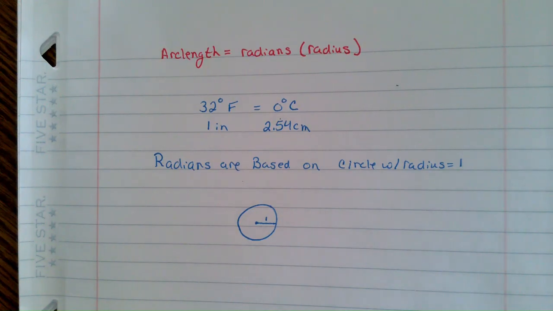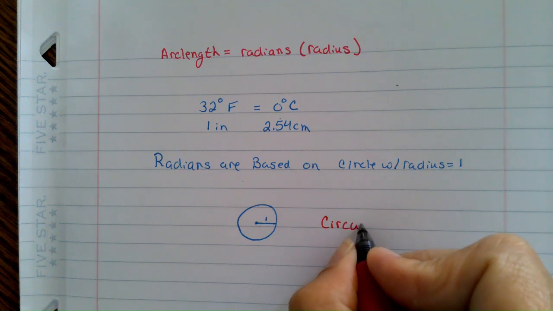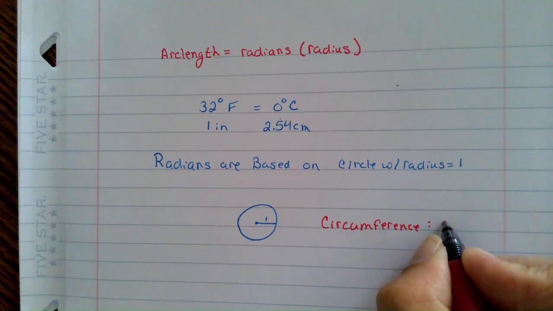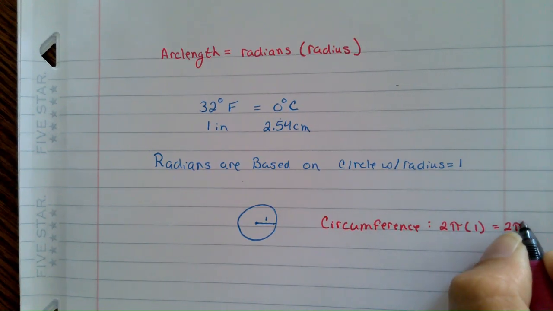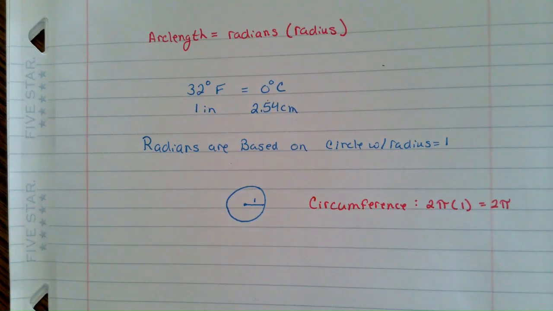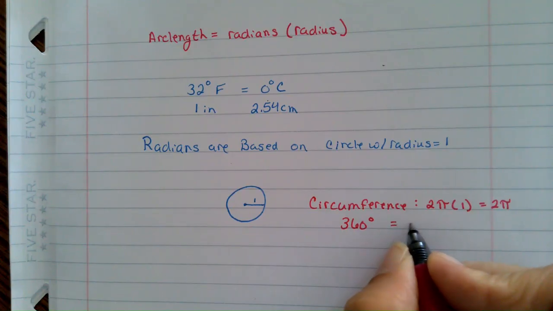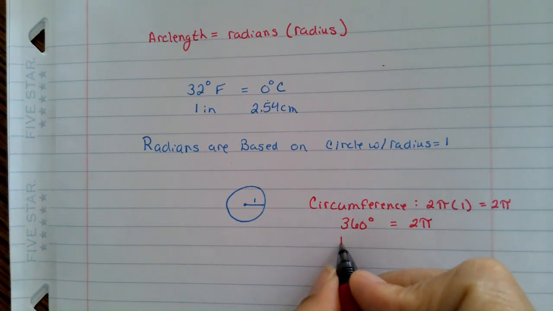So a full circle, come back to this. So the circumference is 2 pi r, or 2 pi. So 360 degrees is 2 pi. Well, what would 180 degrees then be?